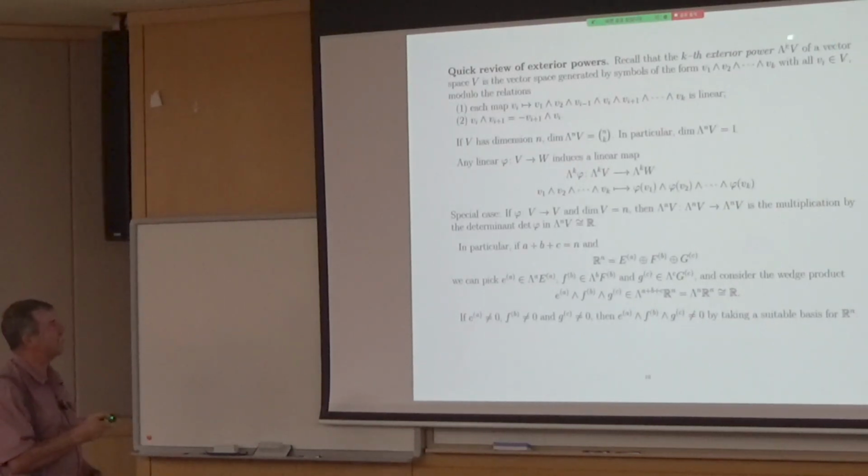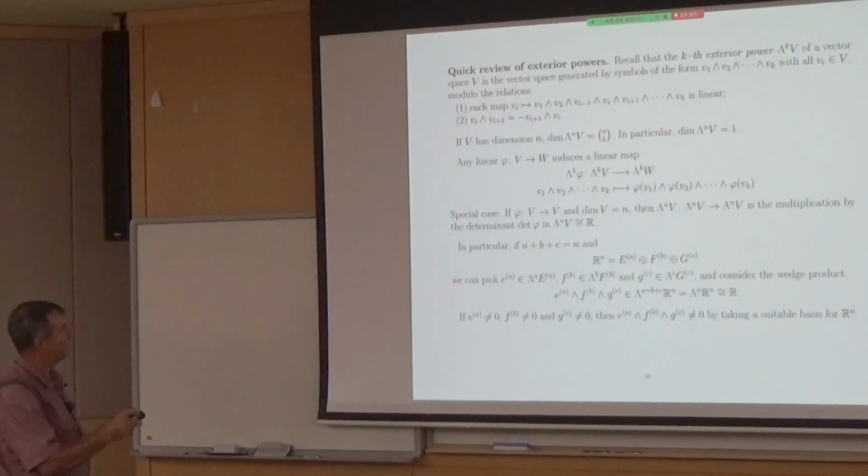So if you have a vector space, there is that thing called the exterior power, and it's generated by elements of the form V1 wedge V2 wedge Vk, where wedge is just a symbol. Don't try to give a definition of that.